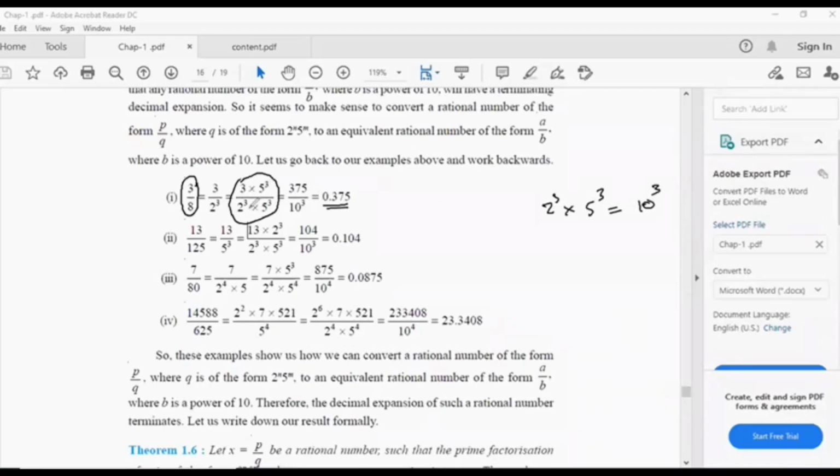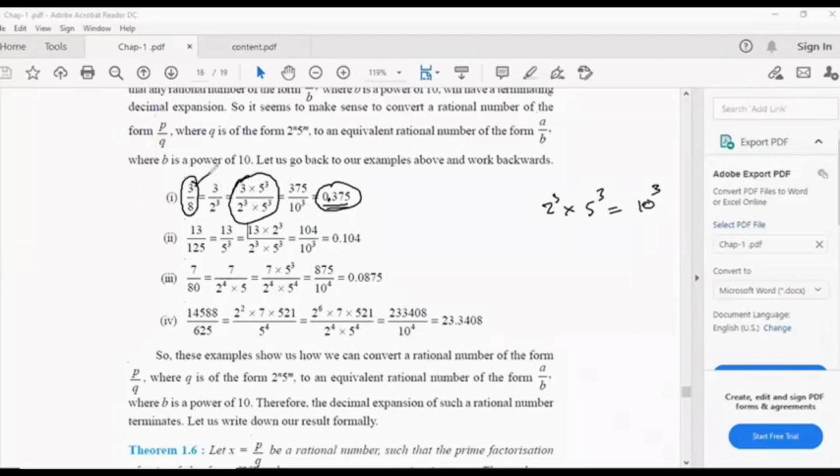So 3 into 5 cube by 2 cube into 5 cube gives 375 by 10 cube. Then you can write the decimal form very simply. Dividing by 1000 means putting the point 3 places to the left. So 5, 7, 3, here we put the point.